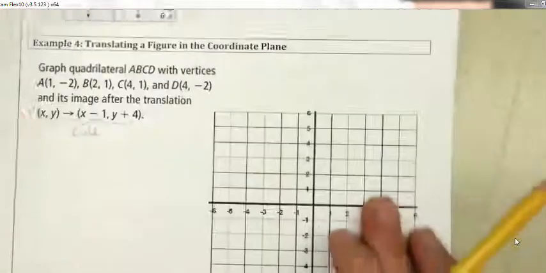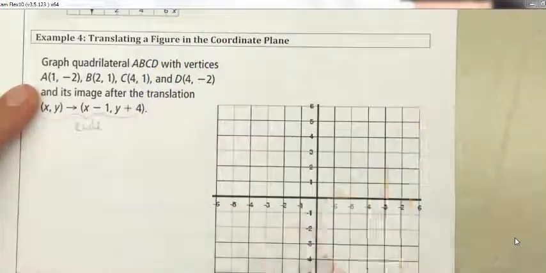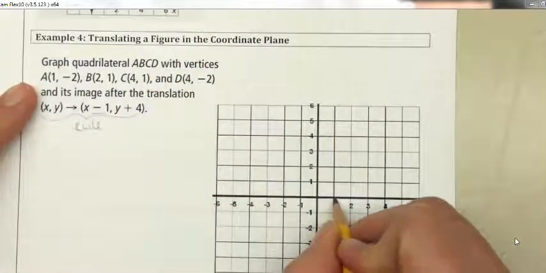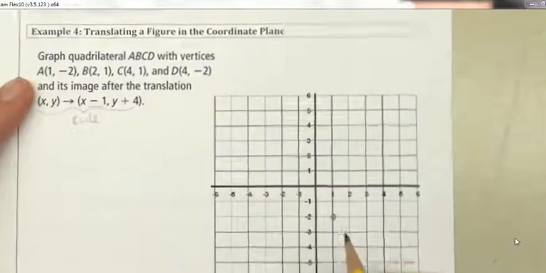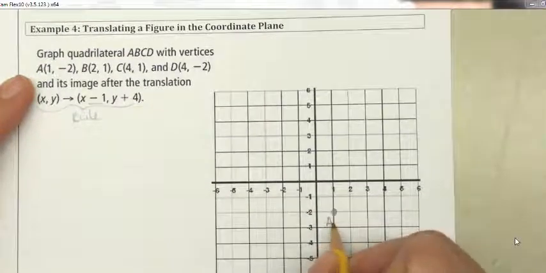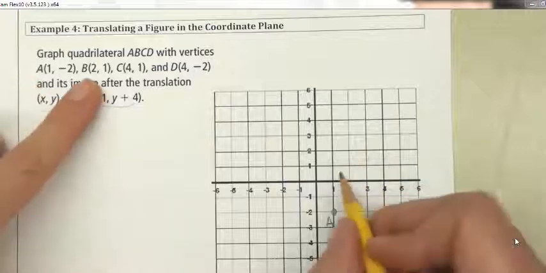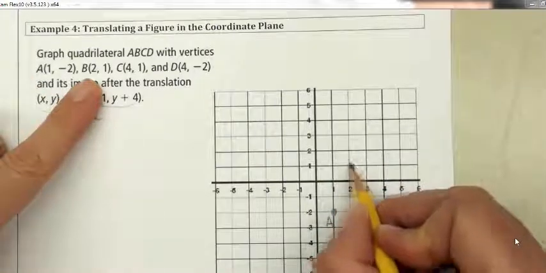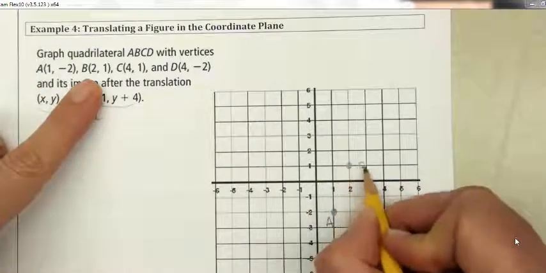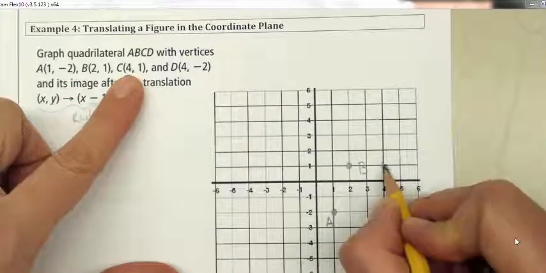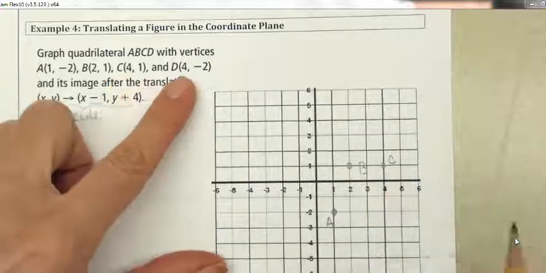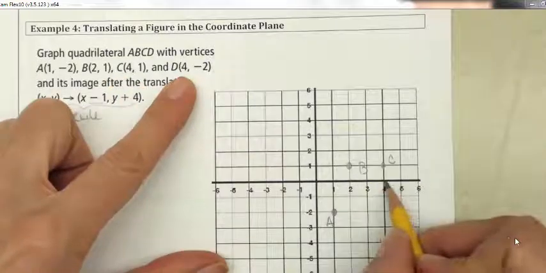Okay, so we'll start by plotting A, -1, or sorry, 1, -2. I went the right direction but said the wrong thing. So that's A. For B, I'm going to go 2, 1. For C, I'm going to go 4, 1. And D is going to be 4, -2.